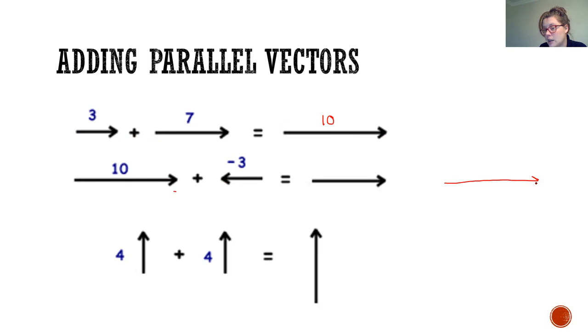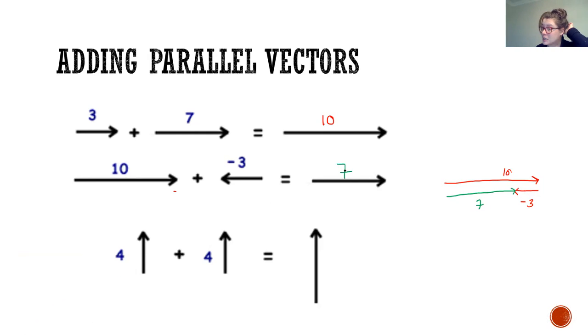So I'm going to go 10. And then starting at the tip, I'm going to go -3 back. The resultant vector, my answer vector, is going to connect the tail of the first to the tip of the second vector. 10 minus 3 would give me 7. So this vector happens to be 7 long.